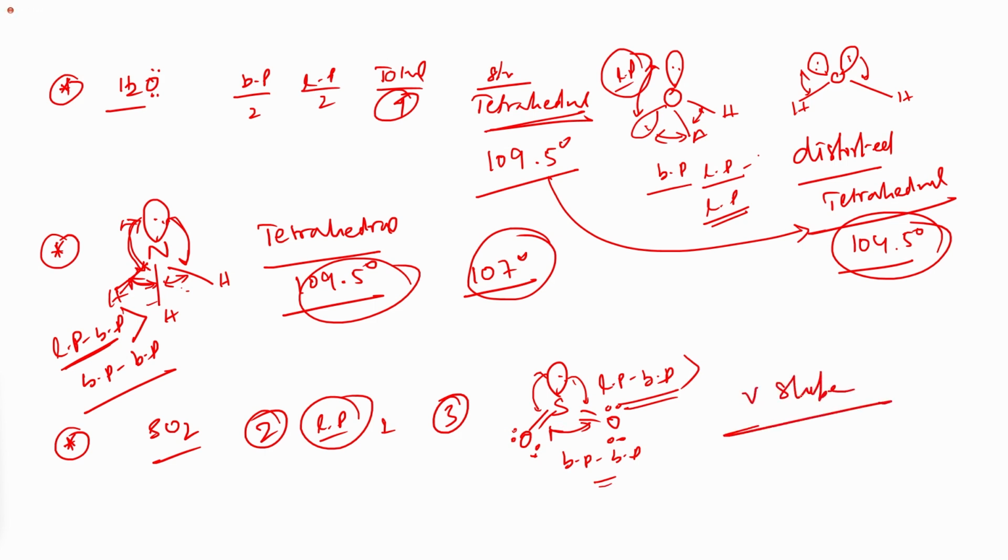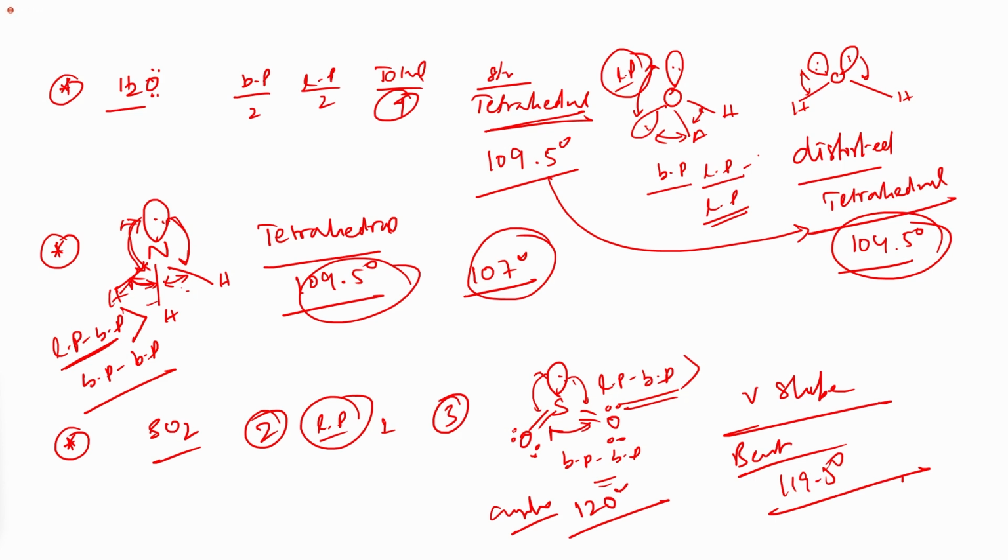It should be trigonal planar, but it is a V-shaped or bent structure. The angle should be 120 degrees, but due to that repulsion the angle is 119.5 degrees. Okay, so here I have closed the class.